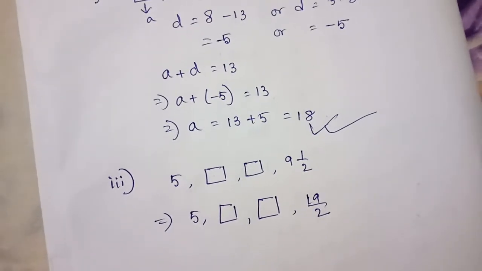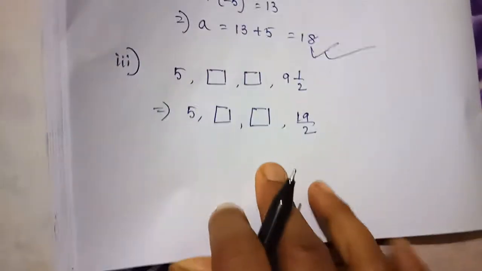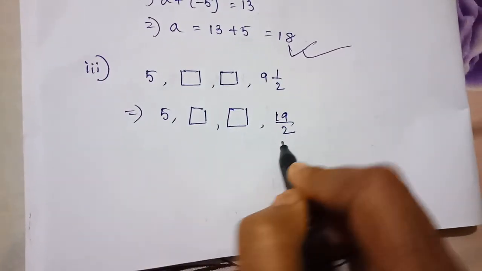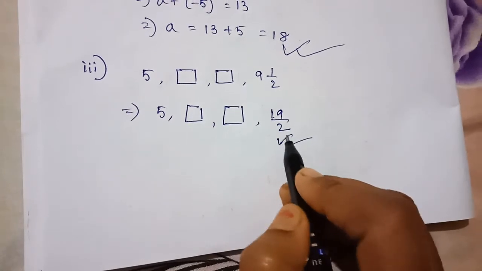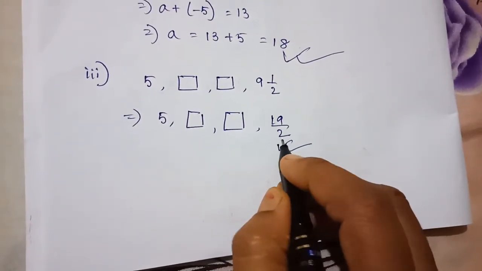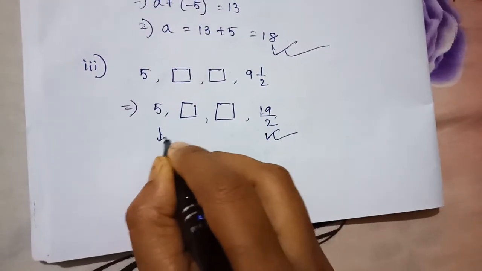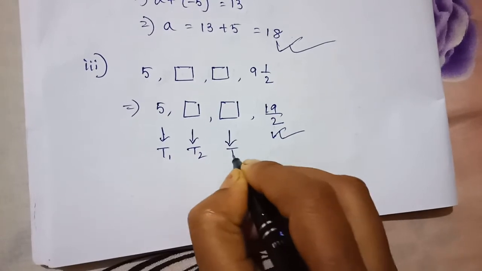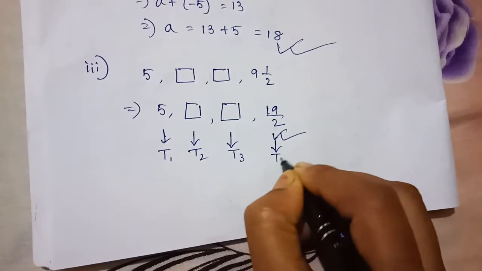So it's actually 19 by 2. Now what will we be counting? We will count which position this one, 9.5, has. This is the fourth term, right? So we write like this: T1, T2, T3 and T4.